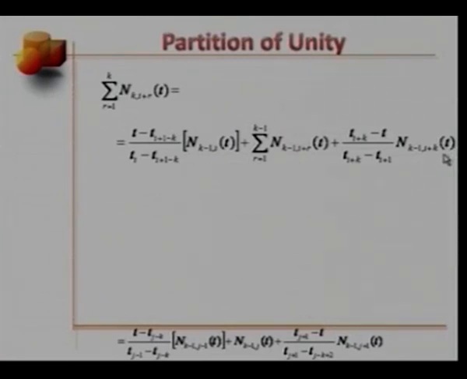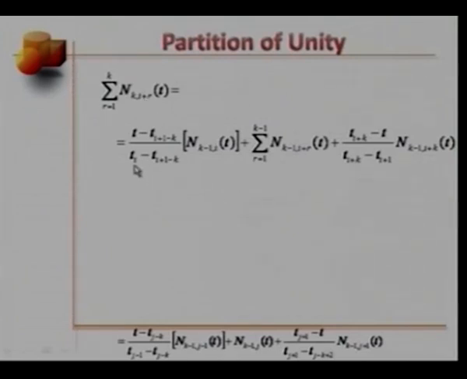This might look a little confusing. Realize that the index j would start from I plus 1 and the index j plus 1 would end at I plus k.